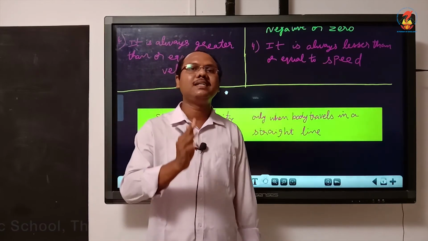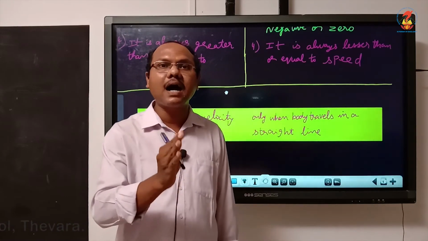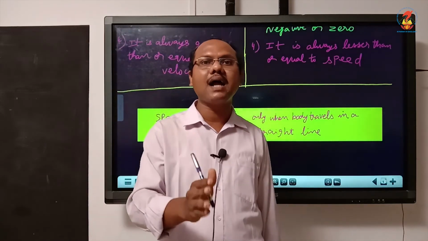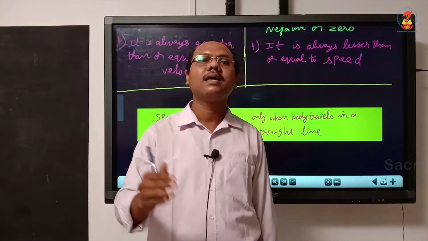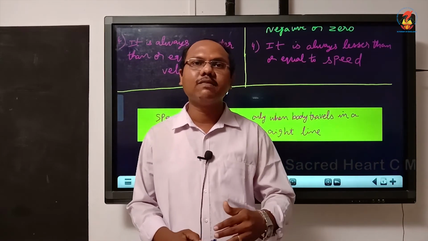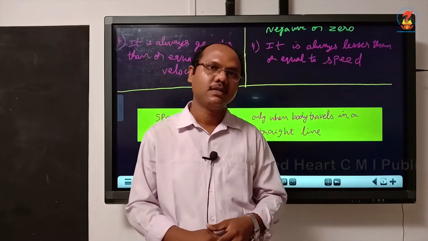If the distance traveled by the body is unequal in equal intervals of time, then we can say the body is moving with non-uniform speed.